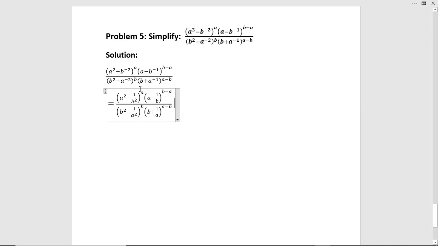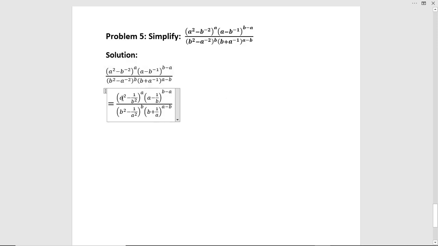Here the expression is kept the same, but the only changed terms are b to the power minus 2, that is 1 by b square, and a to the power minus 2, which is converted by writing 1 by a square. Also, b to the power minus 1 is written as 1 by b, and a to the power minus 1 is written as 1 by a.